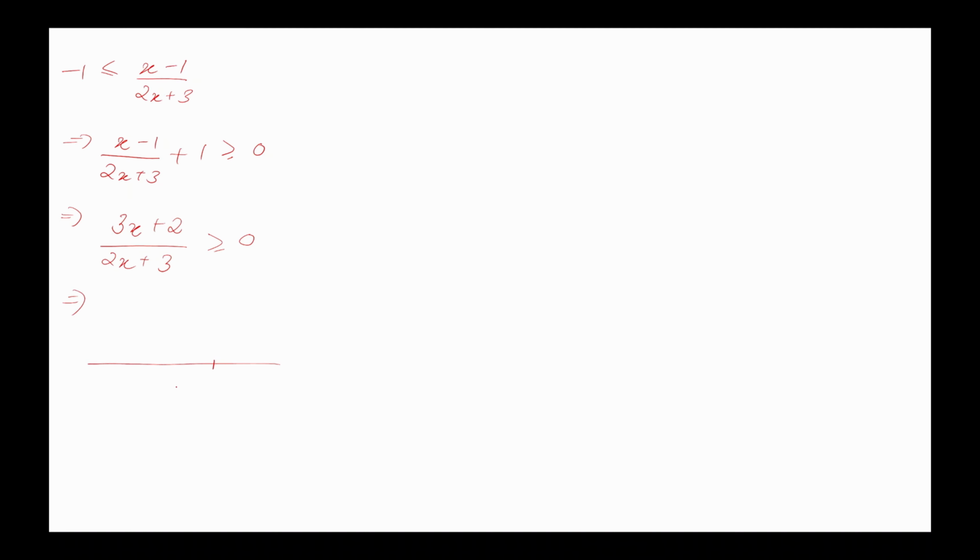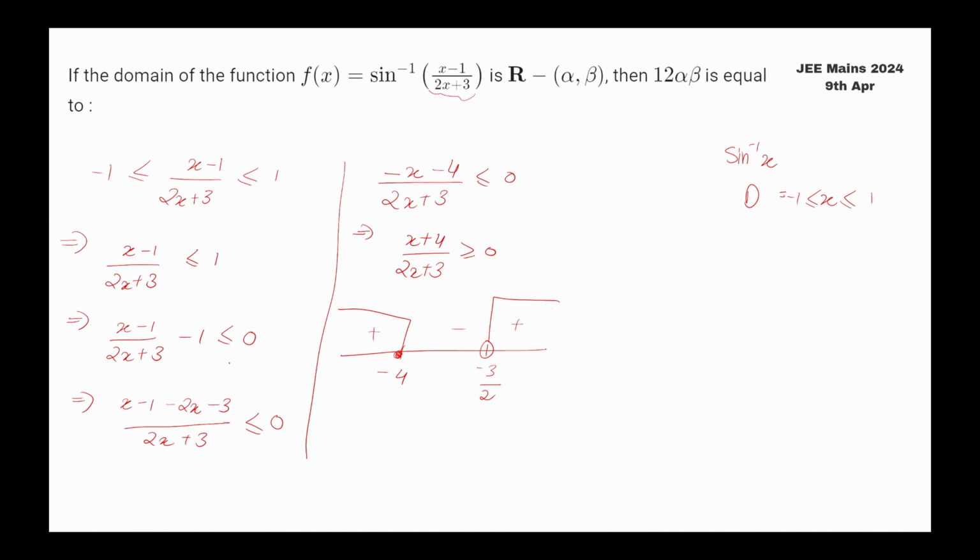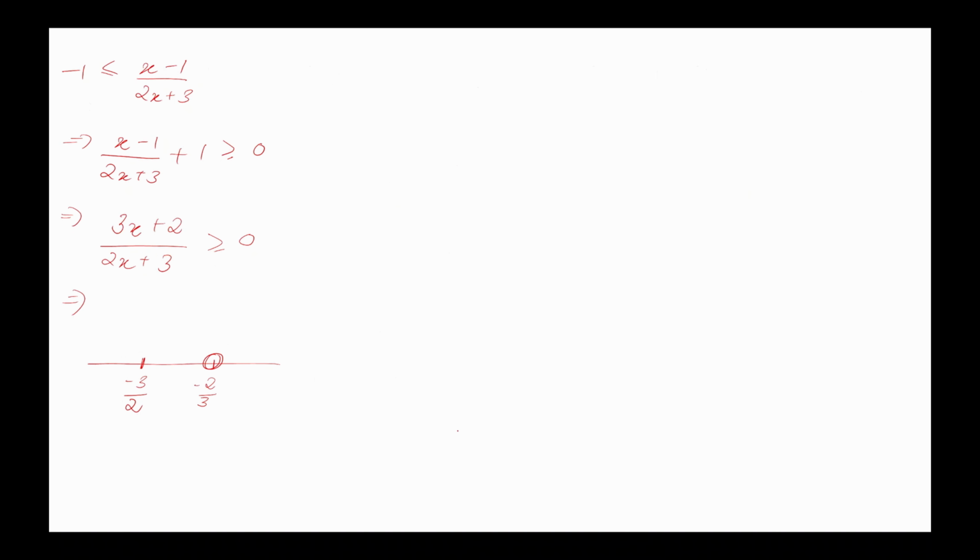So here I would have minus 3 by 2 and here I would have minus 2 by 3. Sorry, 3 by 2 is not included because it is in the denominator. So I have plus, minus, plus. So all the portion which is greater than 0 would be taken into account.